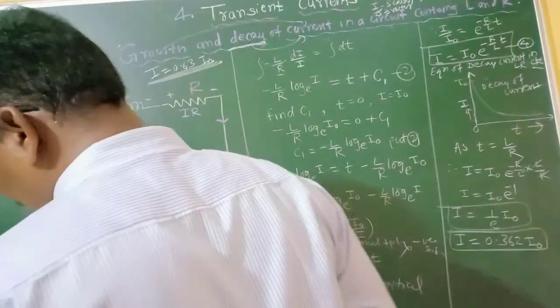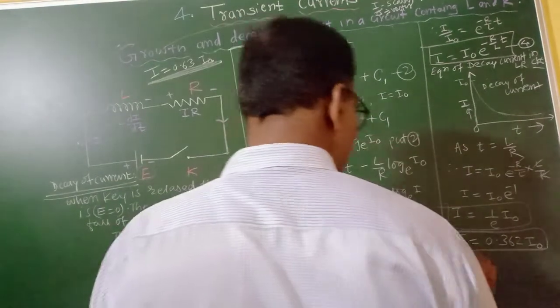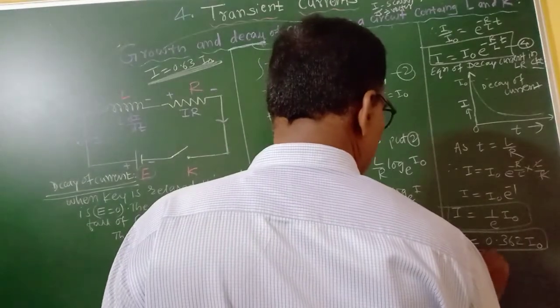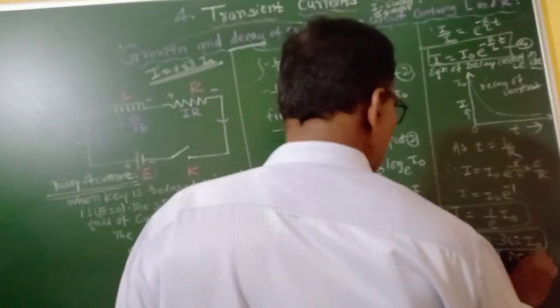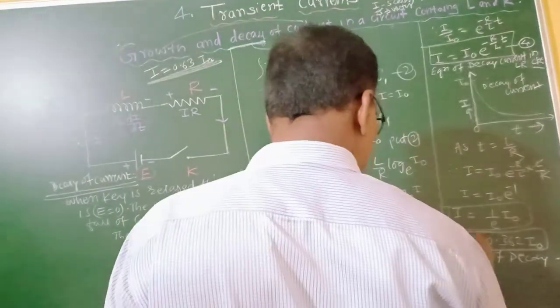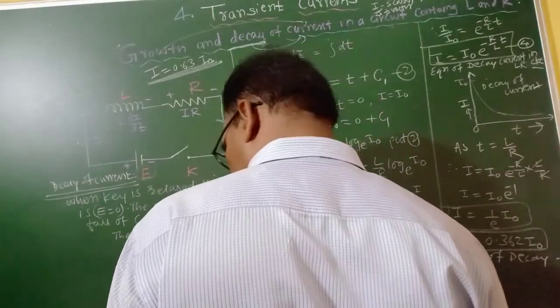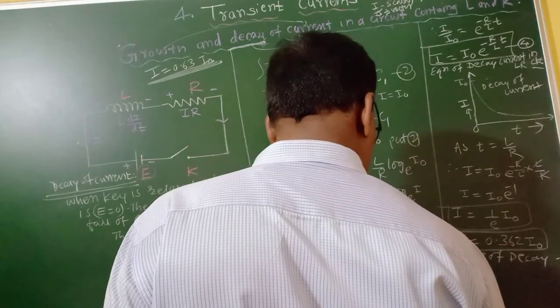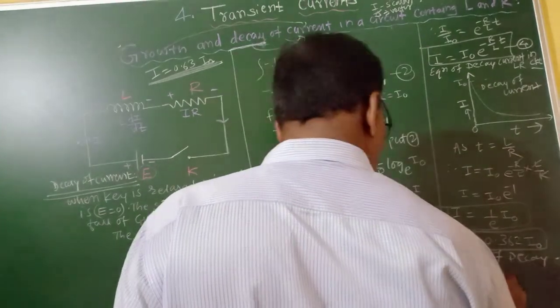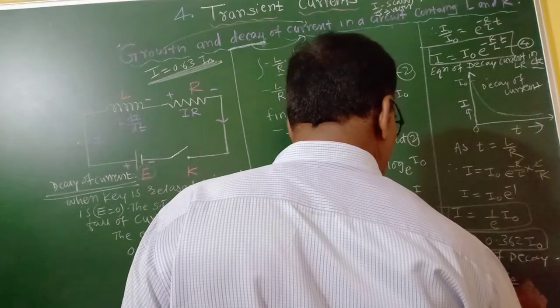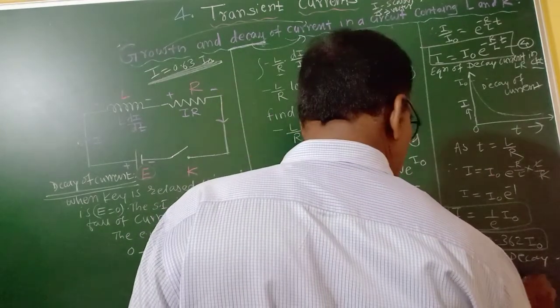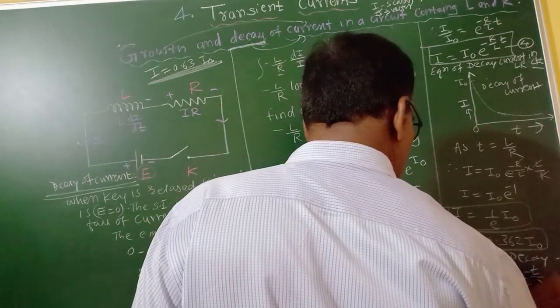The rate of decay of current in the circuit is obtained by differentiating this equation. We get di upon dt is equal to minus I0 upon lambda e raised to minus t by lambda.